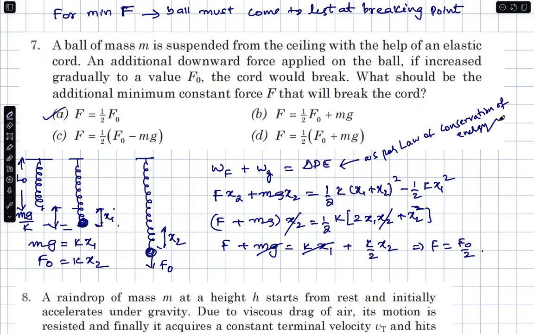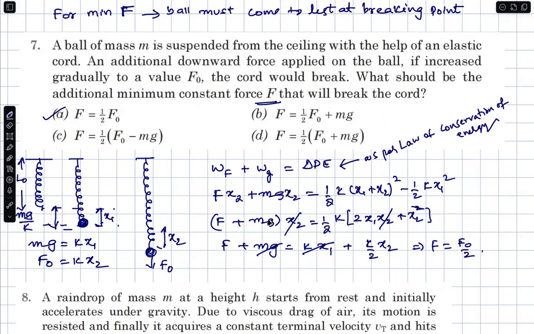And you set a minimum constant force. So force into displacement. If the force is constant, force into displacement. Fx2 plus mgx2 is half k (x1 plus x2) whole square, total elongation square, minus already in this state there is some elongation, x1.